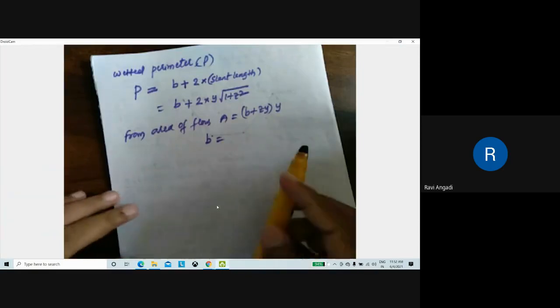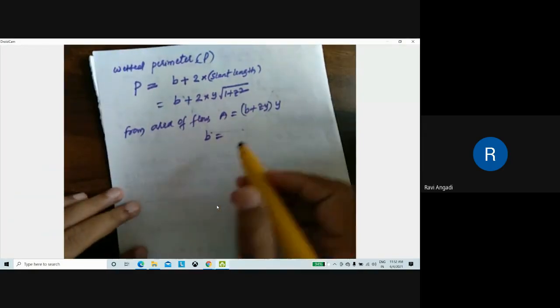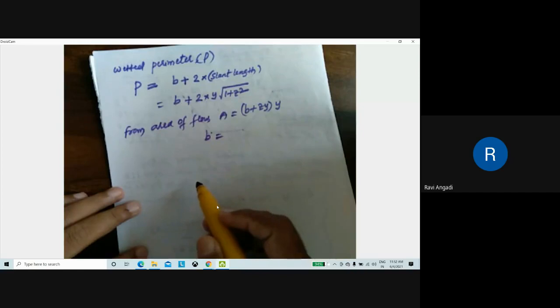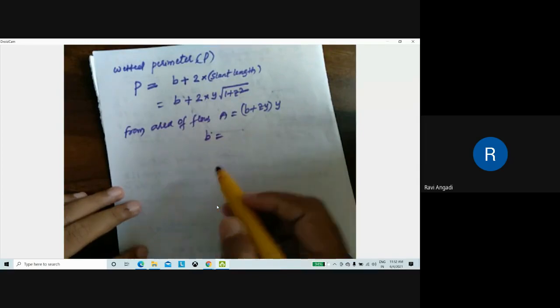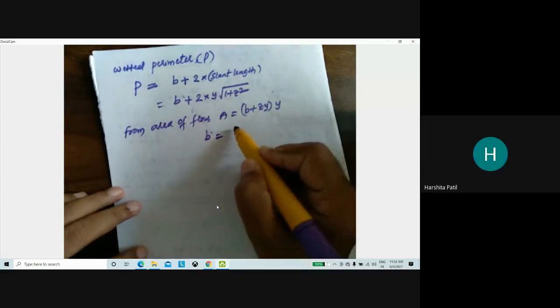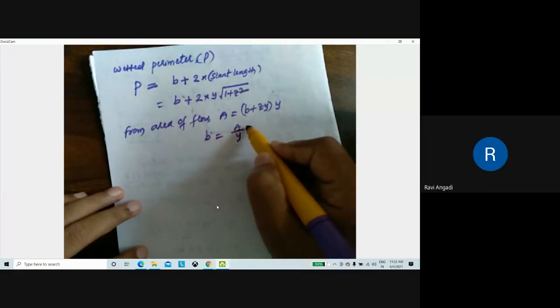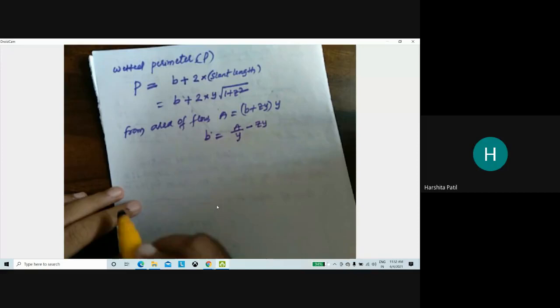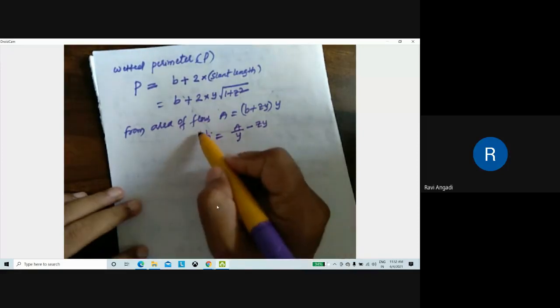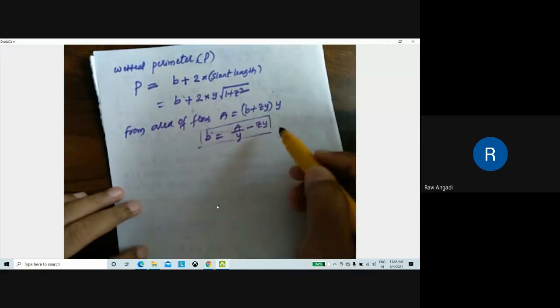Can you tell me what is the value of b from this? A by y minus zy. Exactly. Correct. Okay. So I need this b. Why do I need this b?